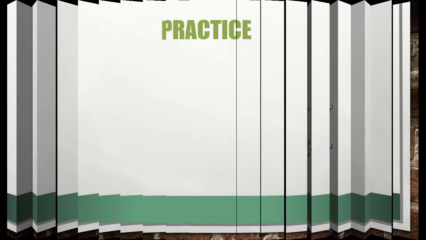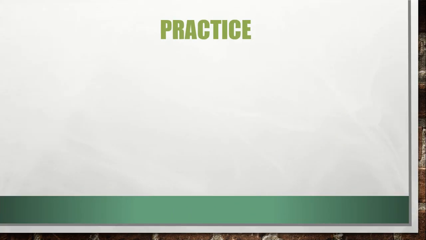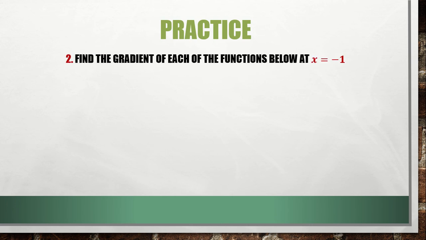Question number 2. Find the gradient of each of the functions below at x is equal to -1. Now notice, you need to find the gradient at a specific point. That means you have to find the gradient function first. After that, plug in the value or the coordinate at that specific point, then find your value.